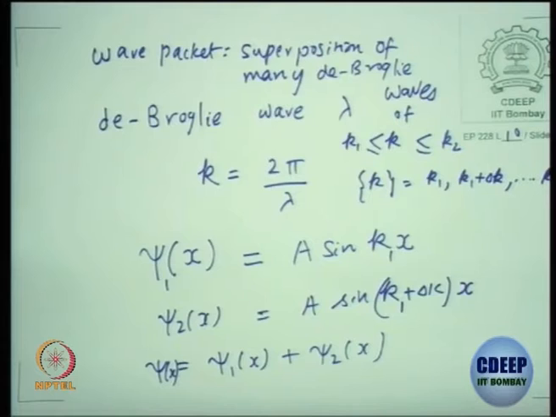So, that is the wave packet, a superposition of all possible de Broglie waves. And when we do this, what happens? You lose a specific wavelength for the wave packet, right. A single de Broglie wave has a specific wavelength, wave number or wavelength. But if you start superposing many de Broglie waves, the information about the wavelength is gone.